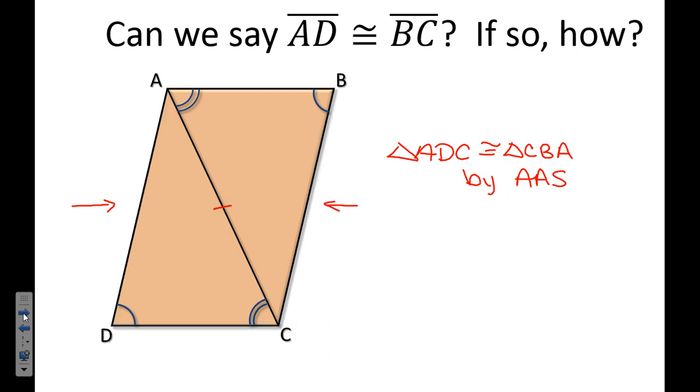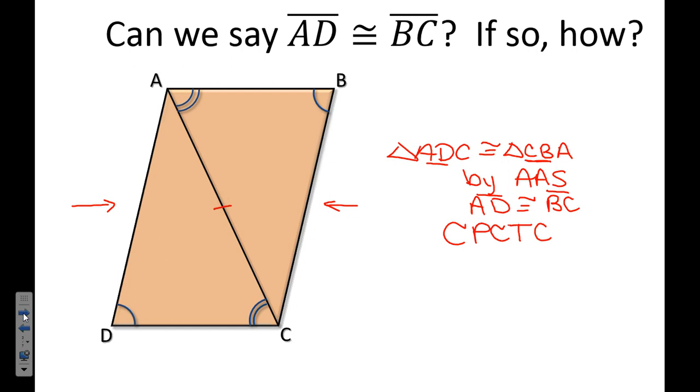All right, we've got our triangles congruent. Now we can say that the parts are congruent. AD is congruent to BC by CPCTC, corresponding parts of congruent triangles are congruent.